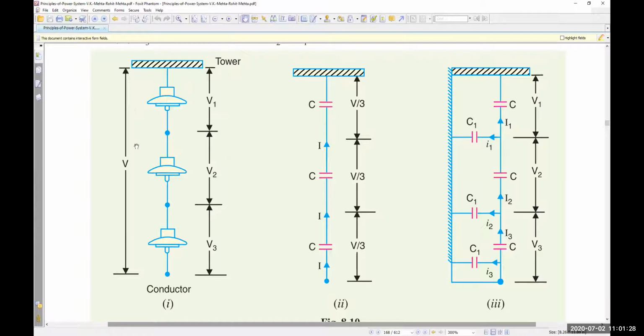So if the total voltage is V, that means from the conductor to the earth, meaning the tower. The conductor is here, carrying some voltage. This is the tower, that is the ground, that means the earth.